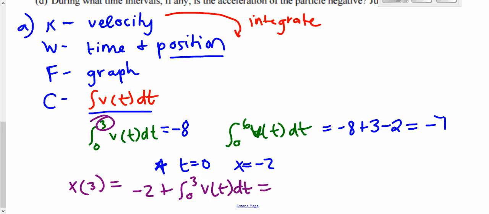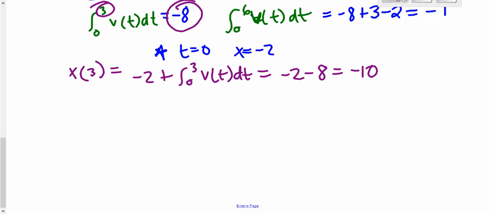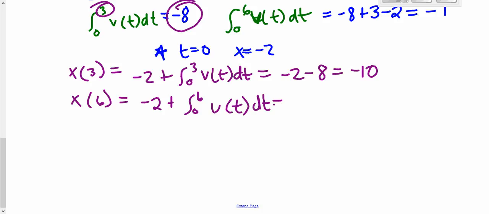So this is -2, and that integral is -8. So that's -10. And our position at 6 is -2 plus the integral from 0 to 6 of v of t dt. And we said that was -7, so this is -2 minus 7.